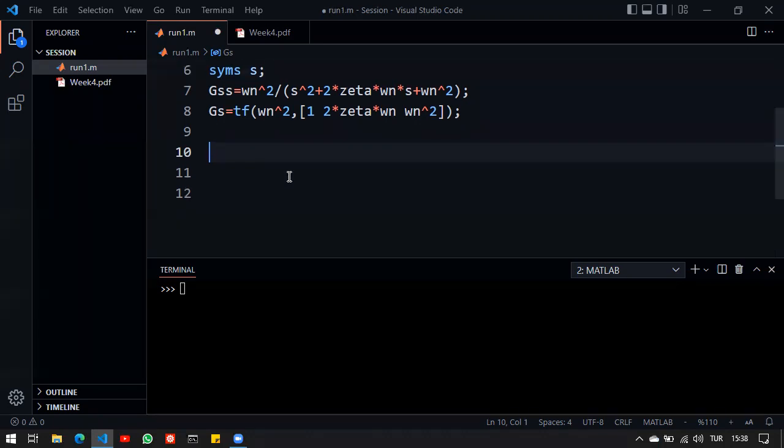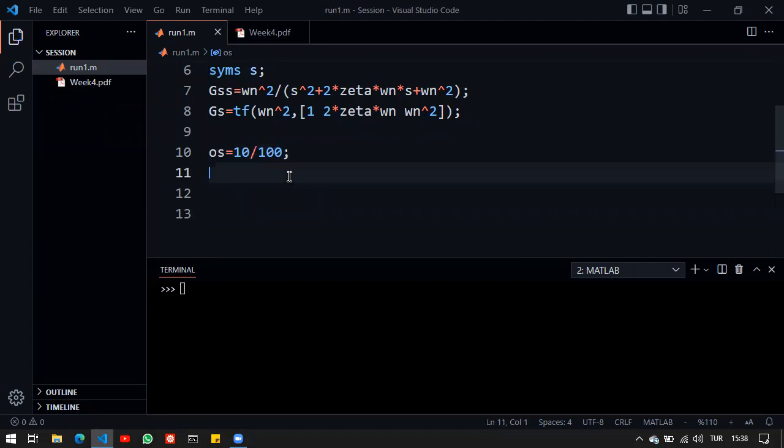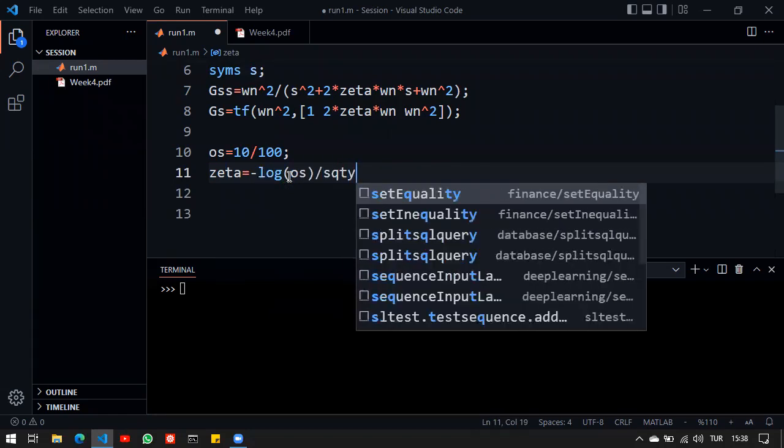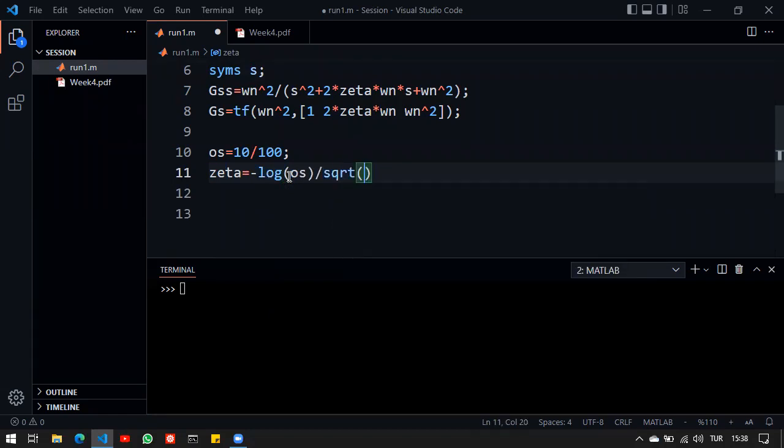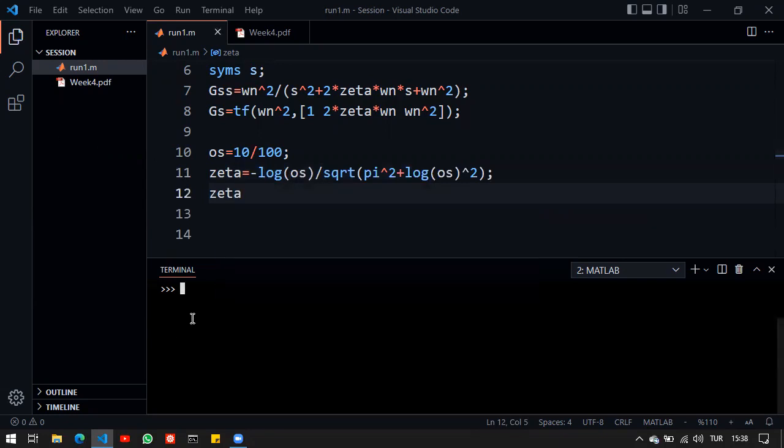So now we have a certain overshoot that's 10%. Let me define that, 10 divided by 100. Now I'm going to use the minus log overshoot divided by the square root of pi squared plus log overshoot squared. So let's see.